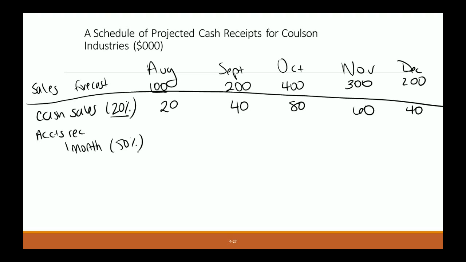So we'll go straight to September. In September, we are going to be collecting 50% of the sales made in August. So 50% times 100 is 50. In October, we will be collecting 50% of September's $200 in sales, so that's 100. November, we will collect 50% of October sales, so 200. And in December, we'll collect 50% of November sales, 150.